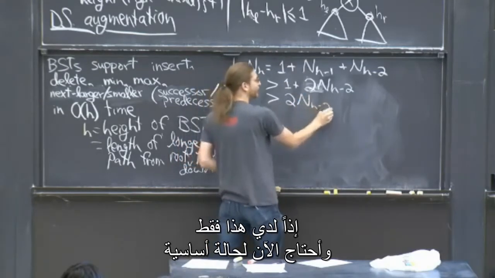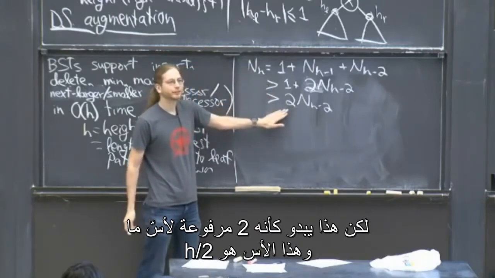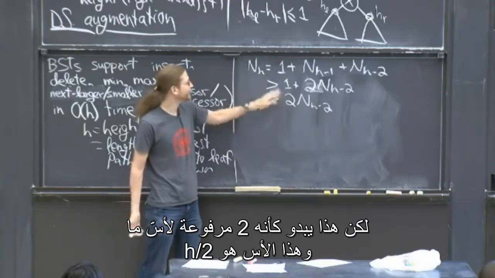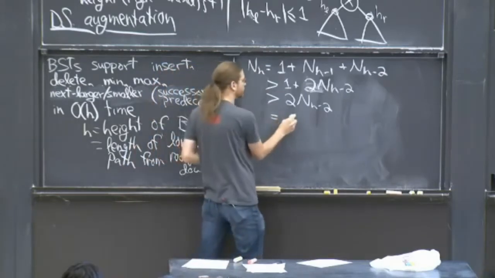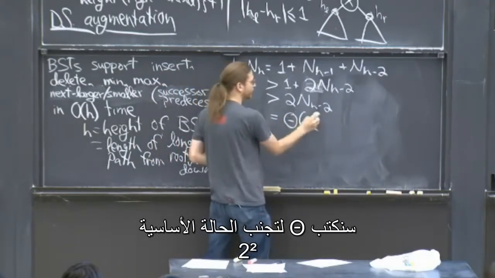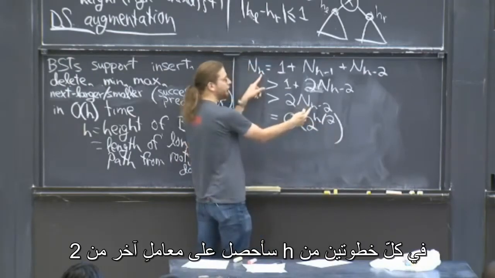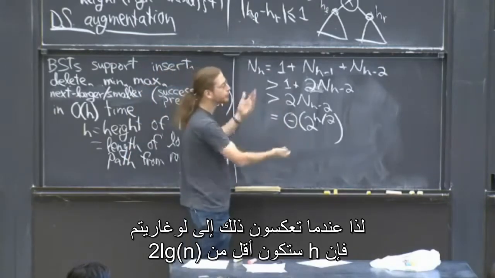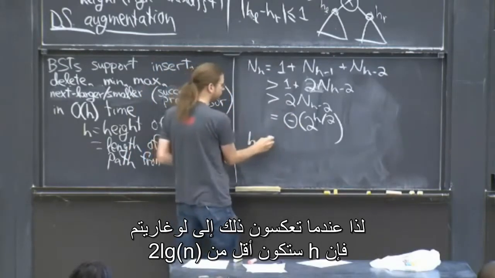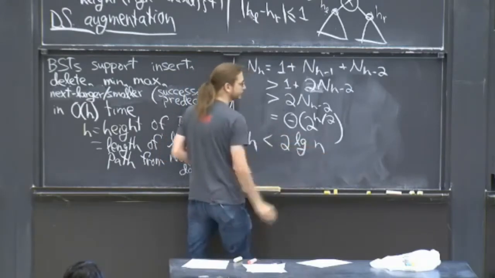Now I need a base case, but this looks like 2 to the something. What's the something? h over 2. So I'll just write theta 2 to the h over 2 to avoid the base case. Every 2 steps of h, I get another factor of 2. So when you invert and do the log, this means that h is also less than 2 log base 2 of n.